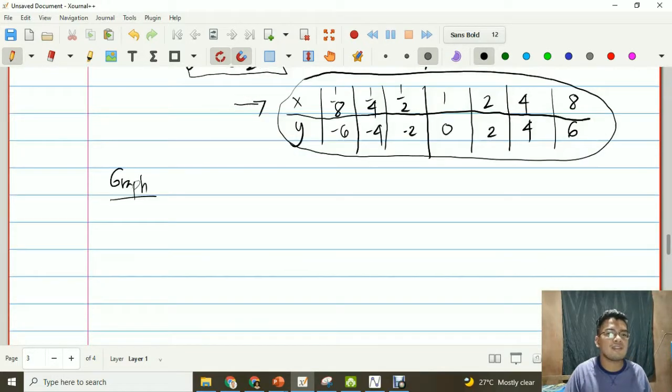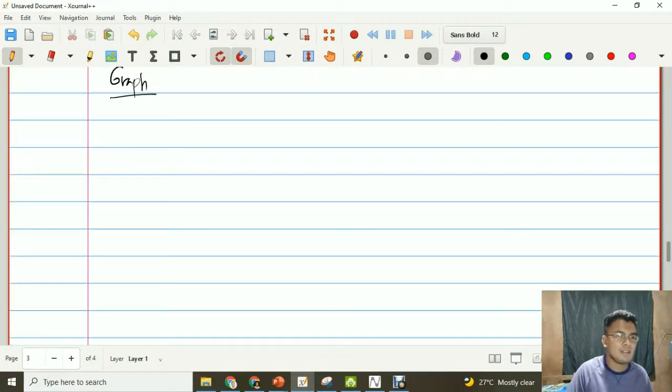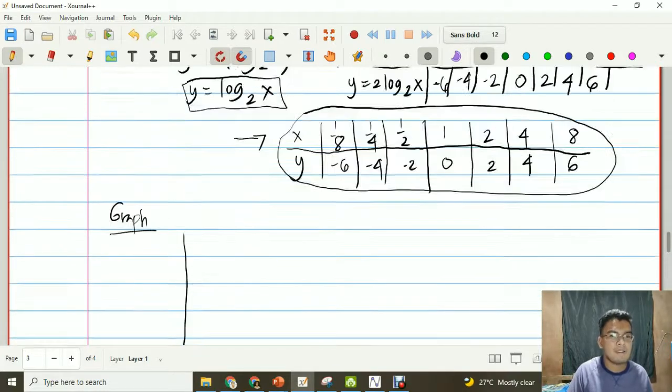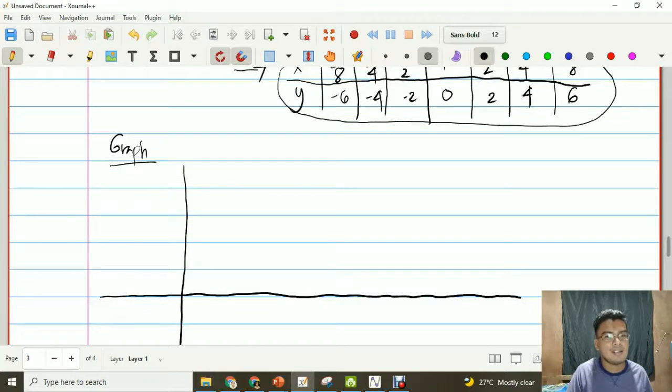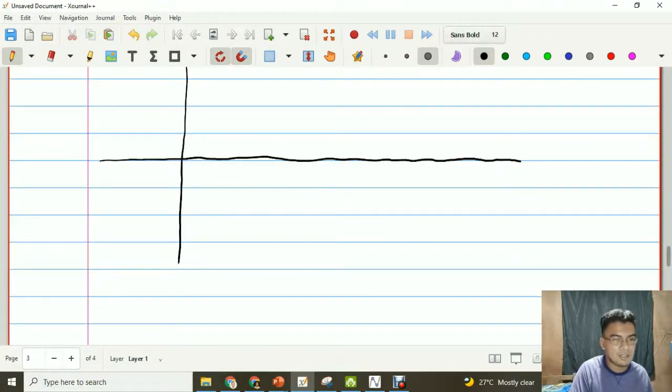para sa ating graph, syempre, gaya ng mga ginawa natin before, gagawa tayo ng Cartesian plane. Mag-sketch tayo ng ating Cartesian plane. So again, sorry sa aking drawing. So here, kahit negative 4 to positive 4 yung ating ipa-plot.